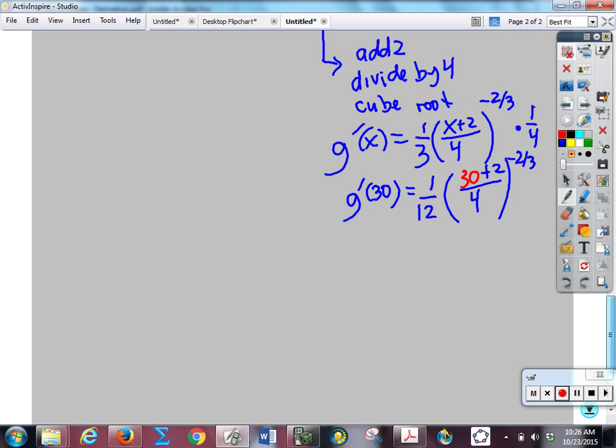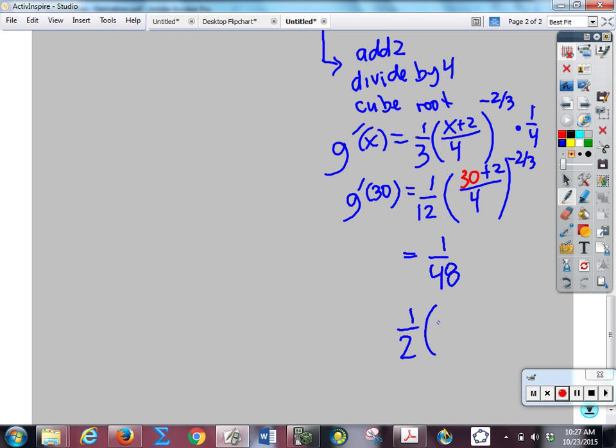When you guys get done with this, you can do it by hand or you can plug in the calculator. This should be 1/48. Kind of ugly, but I guess it's not hard to take the cube root of 8, right? It's just 1/12 times the cube root of 8, squared.